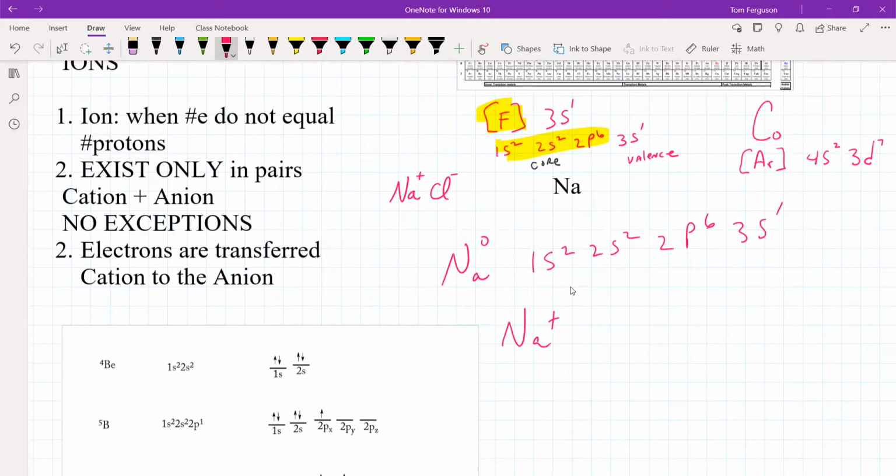Well, we have a bunch of electrons there to lose. Of all the electrons there are 11 electrons. Which ones do you think would be candidates to leave to form the +1 cation?